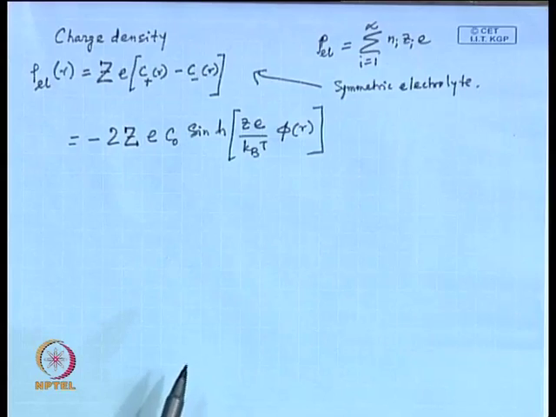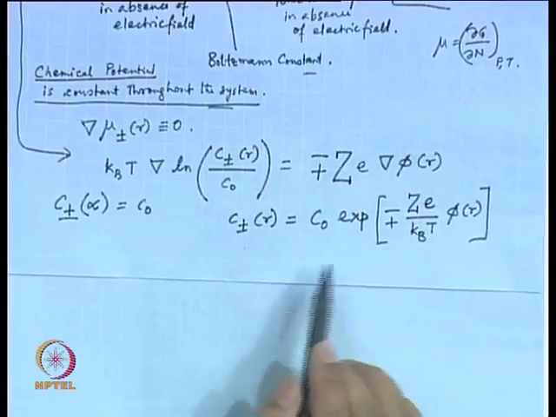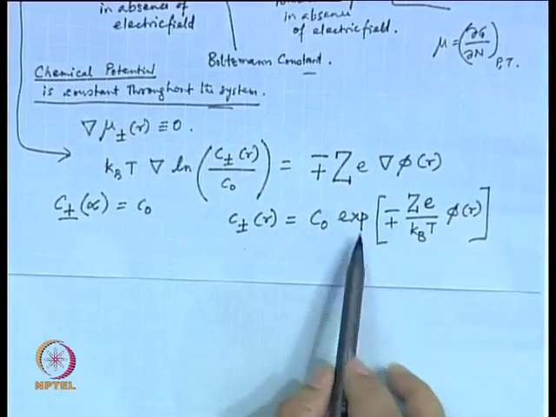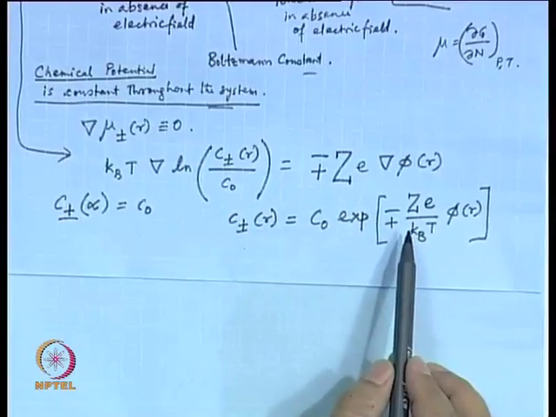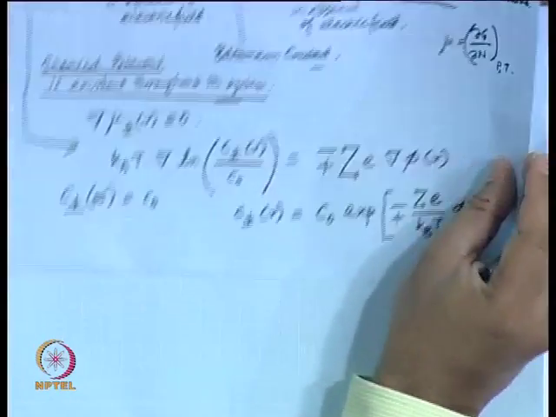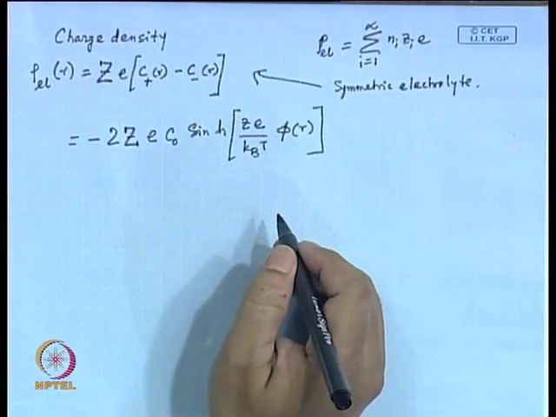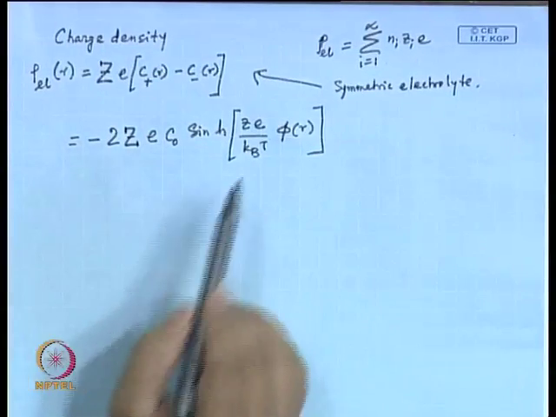How are you getting sinh? Because it is e to the power minus something plus e to the power plus something. Here we have this expression, and here we have e to the power something. So, for the minus sign it is e to the power minus and then e to the power plus. So, you end up with this expression for charge density.